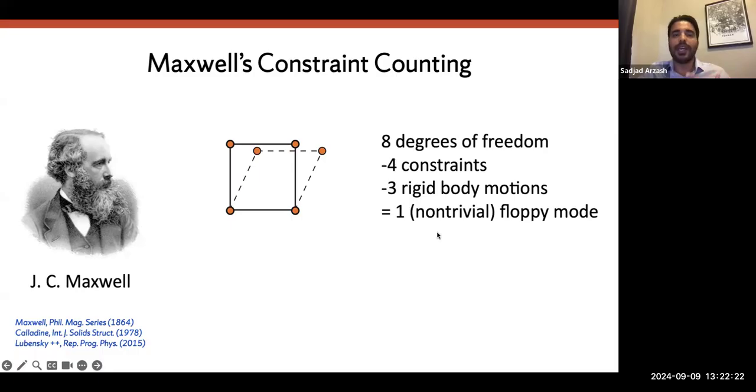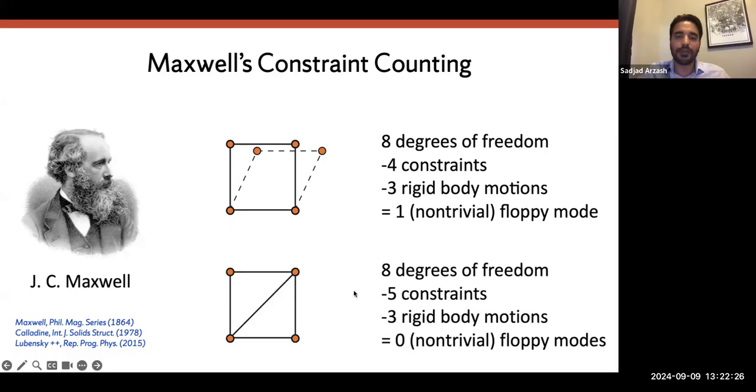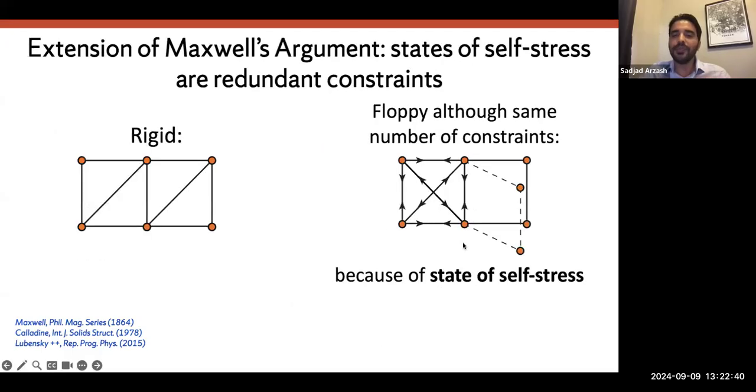And that would be the floppy mode that I'm showing here. So the system is floppy or soft. Of course, we can get rid of this floppy mode if we just add another constraint in the system. So that's the simplest way to check if a frame is rigid or floppy.